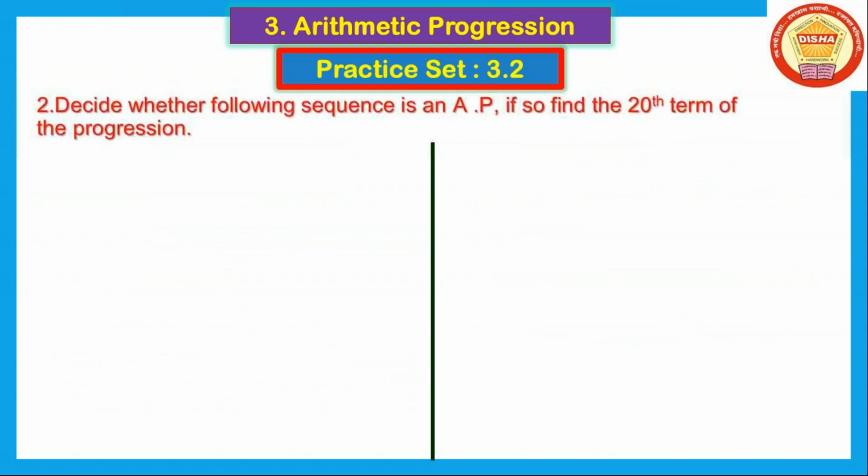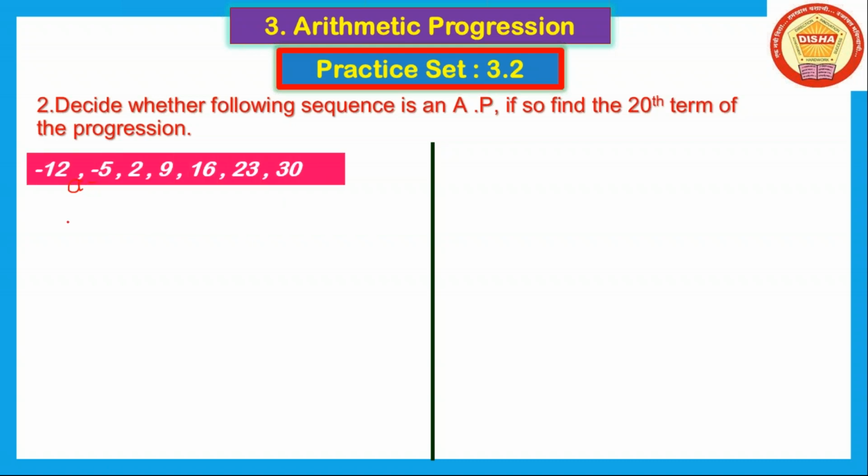See, we find here A. What is the first term in the given sequence? A is equal to negative 12. We found D is equal to 7, and here we have to find the 20th term, so we take N equal to 20.